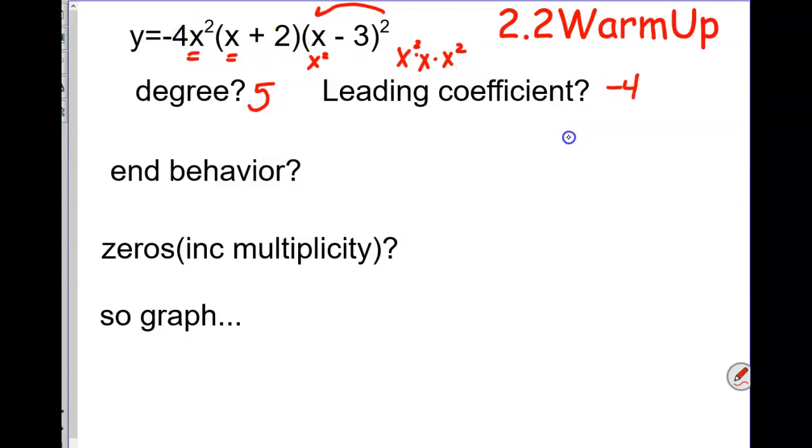Okay, can anybody tell me anything about that shape? Yes, a basic cubic looks like this, right guys? But this one has a negative leading coefficient. Now it's not a cubic, it's a degree 5, but the shape is the same as any, whoops, yep. Let me try that again.